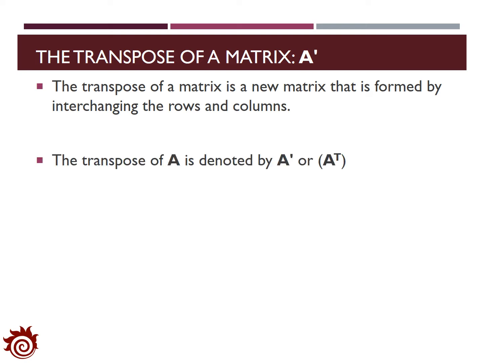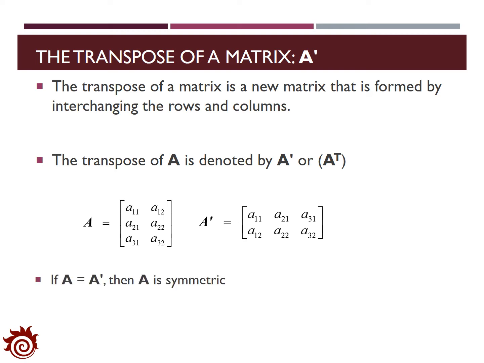In general, the transpose of A is denoted by A prime or A capital T. For example, if we have the matrix A with a dimension of 3 by 2, then the transpose of A, that is A prime, will become a 2 by 3 matrix. If we have A equals A prime, then we say that A is symmetric.